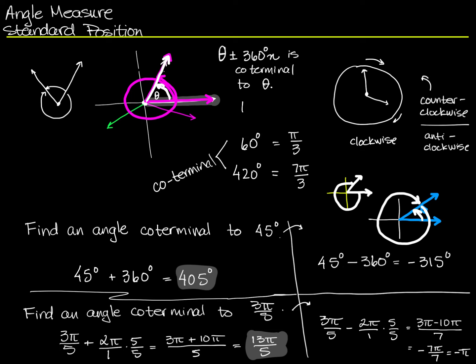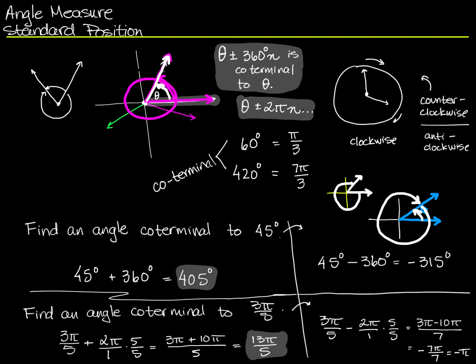We could also say theta plus or minus 2 pi times n is coterminal to theta. And that's just because 360 degrees is a full circle more or less than the original angle, and so is 2 pi.